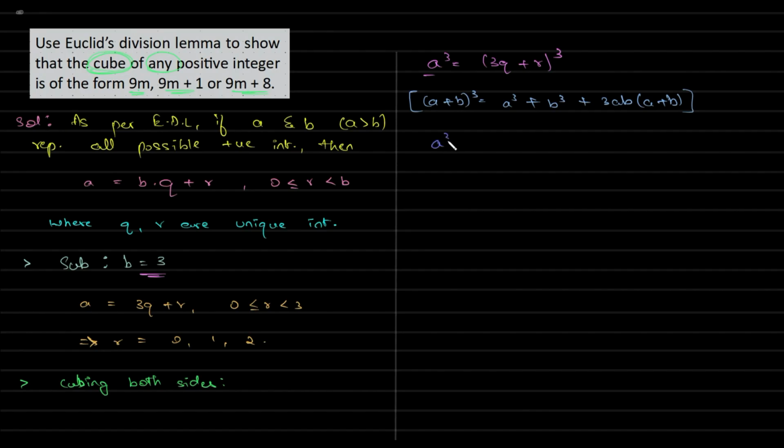Now expanding the right hand side, we will be getting 3q the whole cube plus r cube plus 3 into 3q into r into 3q plus r, right? We need to further simplify this. 3q whole cube is 27 q cube.